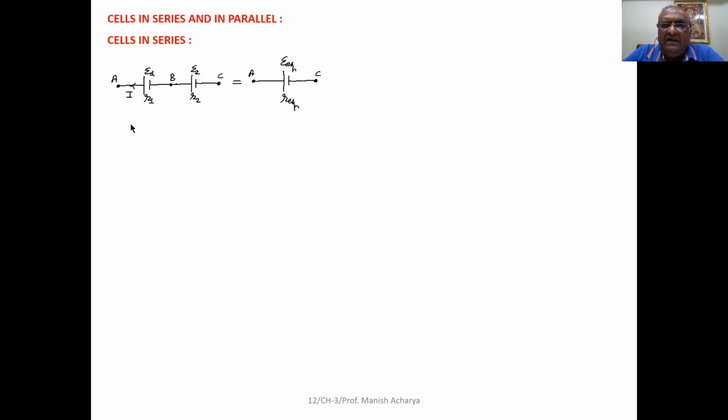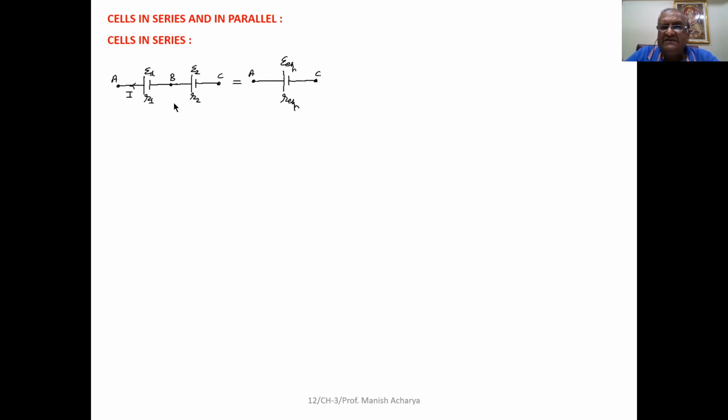Suppose, as shown in the figure, two cells having EMF E1 and E2 with internal resistances R1 and R2 respectively are connected between two terminals A and C, and the current flowing through this combination is I. This type of connection of the cells is a series connection.